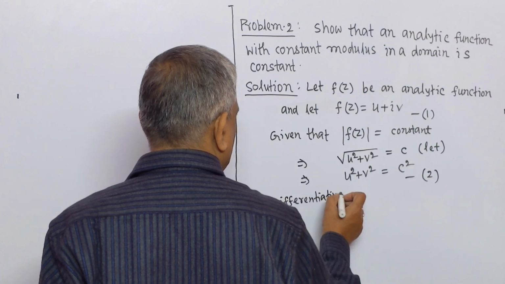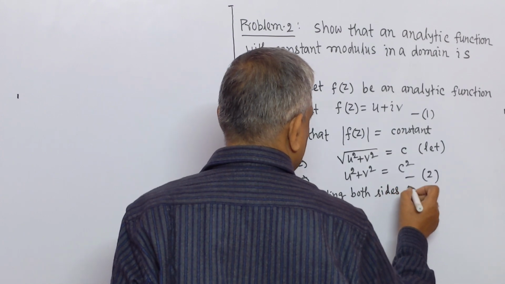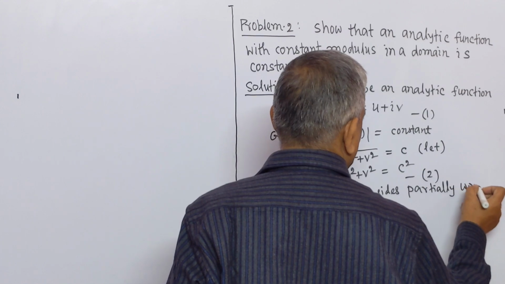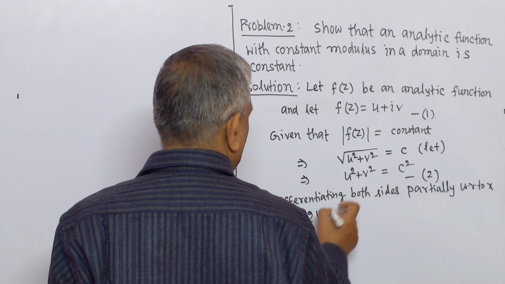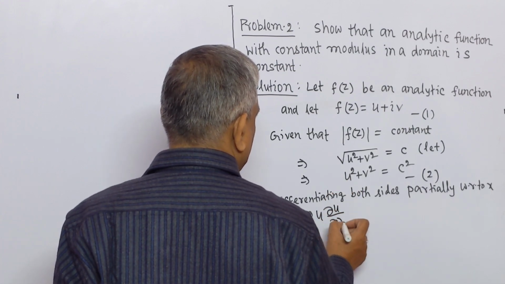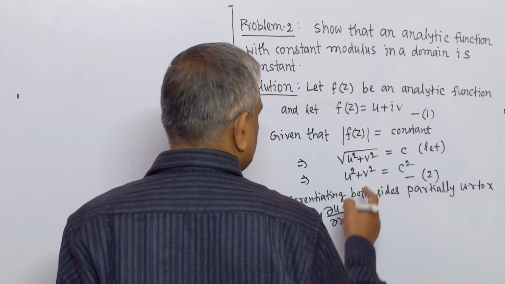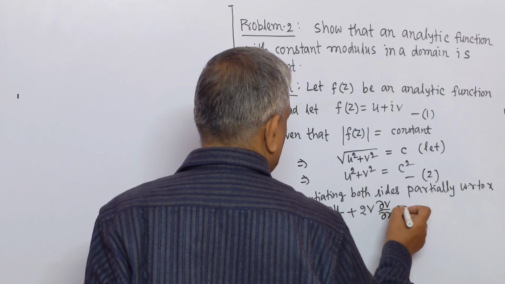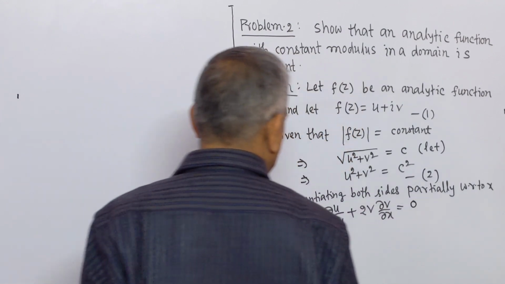Differentiating both sides partially with respect to x, 2u times the partial derivative of u with respect to x plus 2v times the partial derivative of v with respect to x, and this is the derivative of a constant, which is 0.